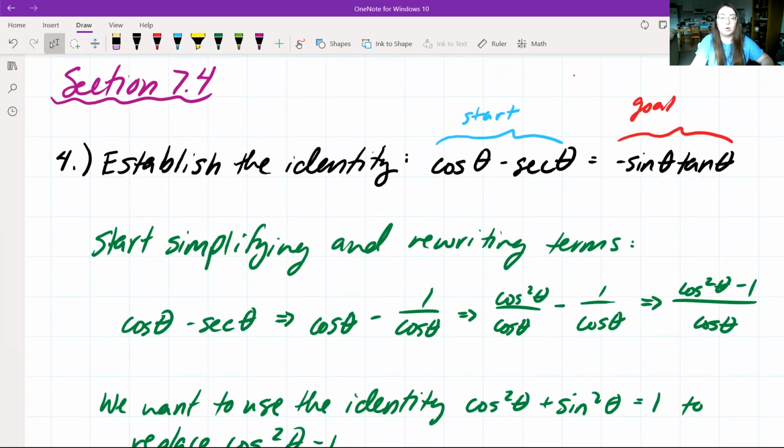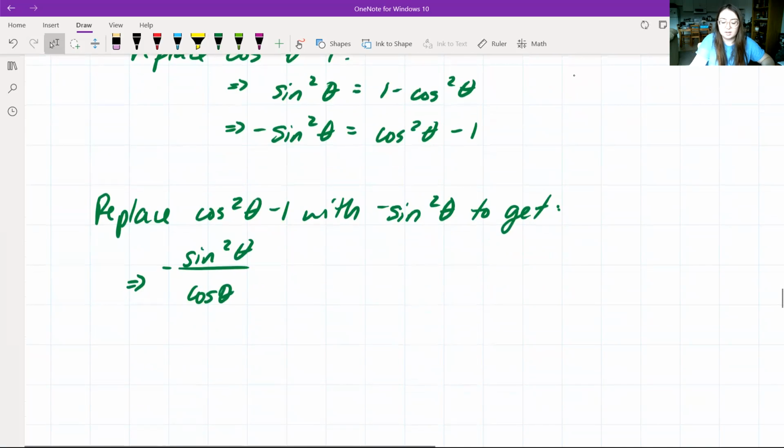And remember, our goal is to get negative sine of theta times tangent of theta. We do have a negative sine theta, we just have a negative sine theta squared. We also have a denominator of cosine of theta, and we know that tangent of theta is equal to sine of theta over cosine of theta.